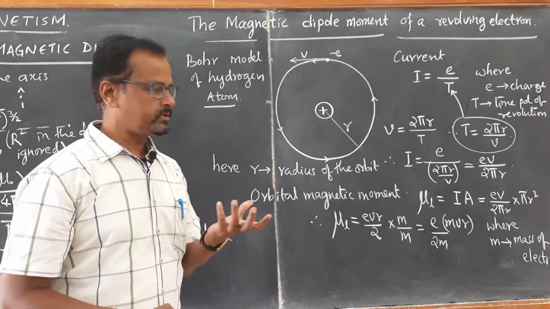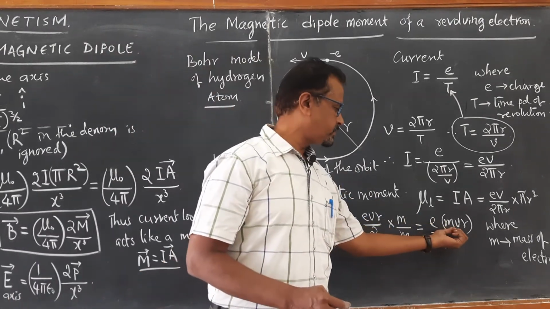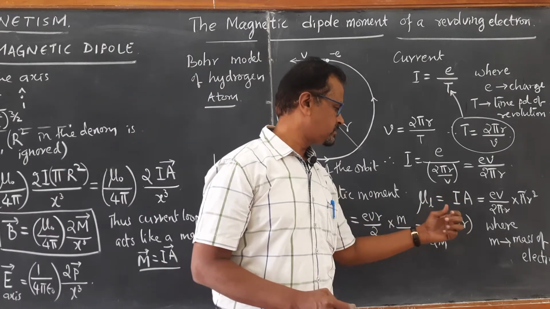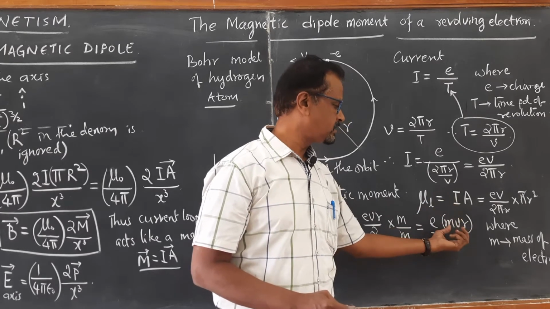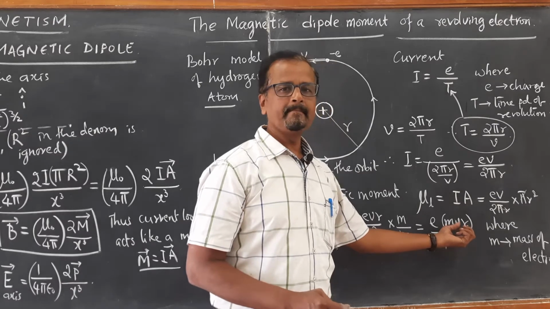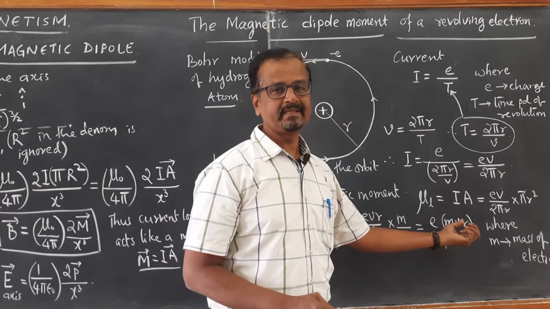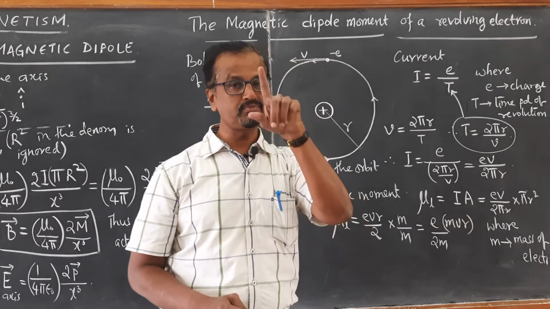With our previous knowledge, we know that the product of momentum and radius, or the product of mass into velocity into radius, gives us the angular momentum, which is denoted by small l.